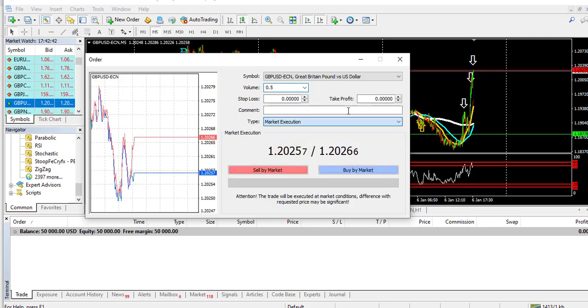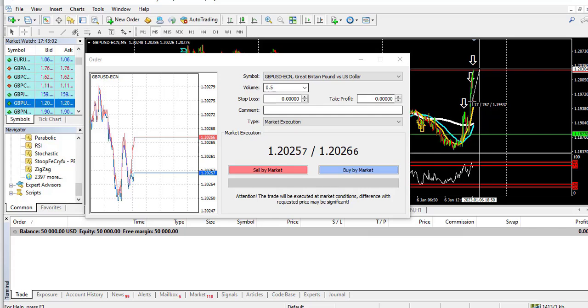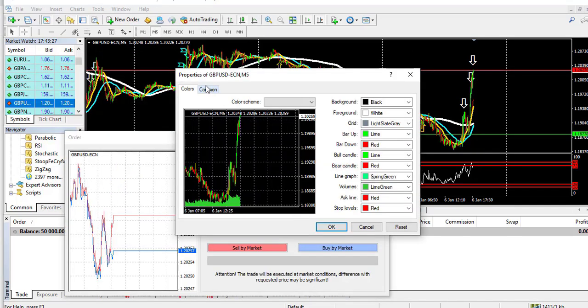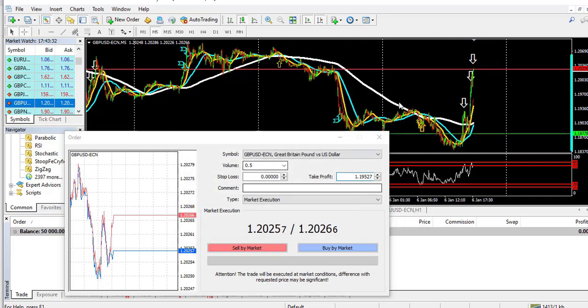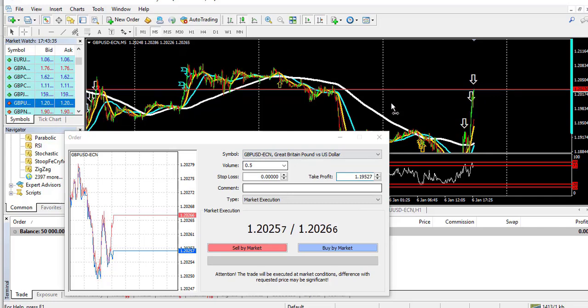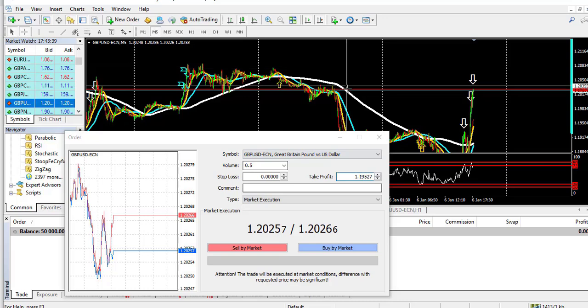Using instant execution, basically 75 pips would be 1.19527 thereabout. So I need to be able to adjust the scale so that I'm also doing a 75 pips stop loss, which is what I have here.